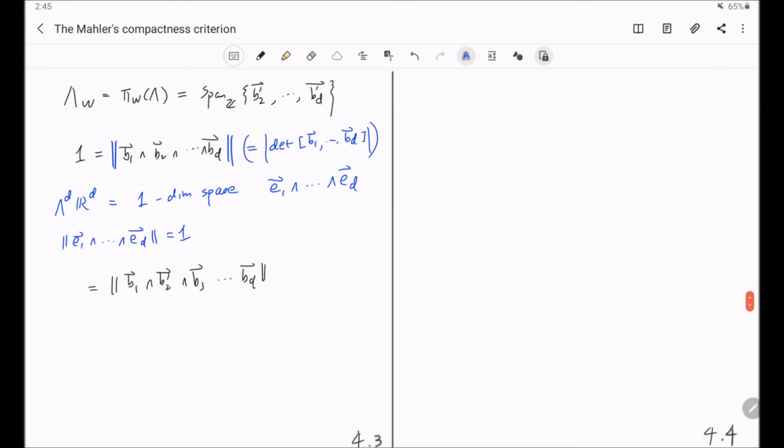So as a result, when you replace B2 by B2 prime, you do not change the wedge product. And furthermore, you continue this replacement, and finally you get B1 wedge B2 prime all the way through BD prime.